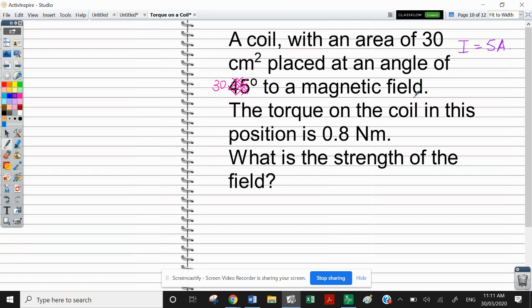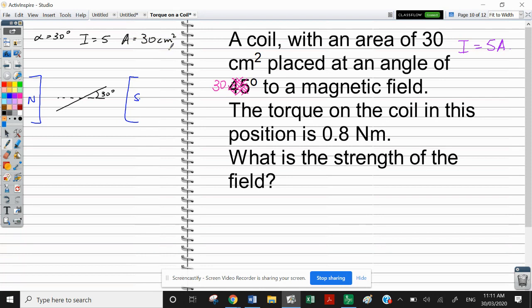Once again, drawing a little diagram, north and south. Our coil is tilted, and this time the tilt angle is 30 degrees, so alpha equals 30 degrees. The current equals 5, and the only hard part is the area, 30 centimeters squared.